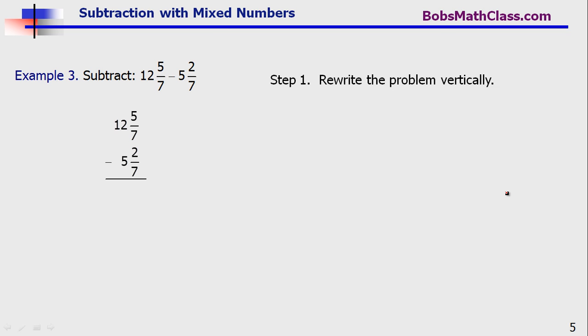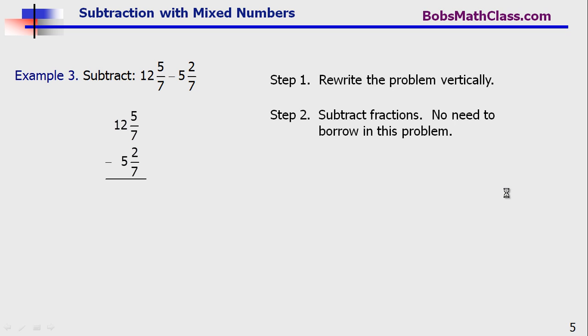Okay, the denominators are the same, so we could subtract the fractions. There's also no need to borrow in this problem because the top fraction is larger than the bottom fraction. So we could go ahead and subtract 5/7 minus 2/7. So subtract the numerators. 5 minus 2 is 3, so that would be 3/7.